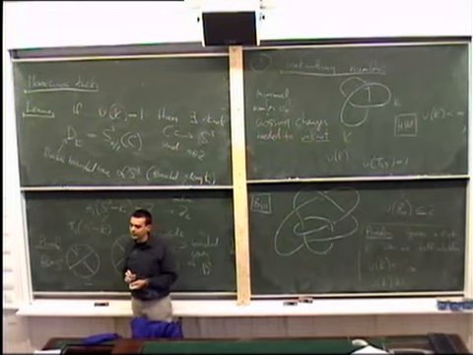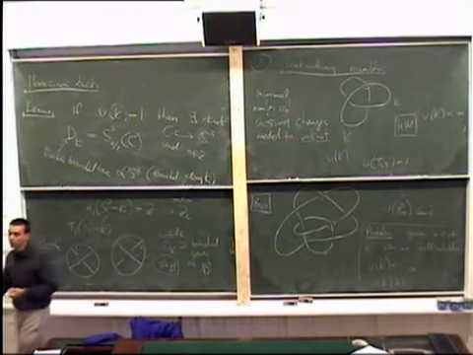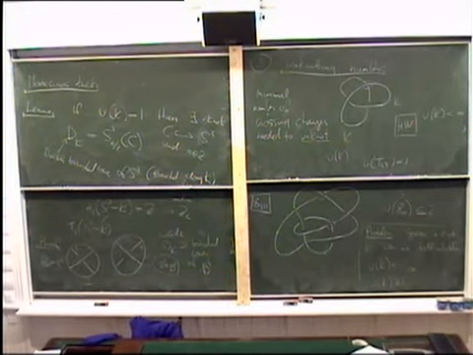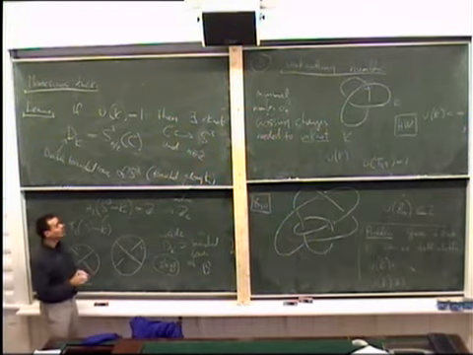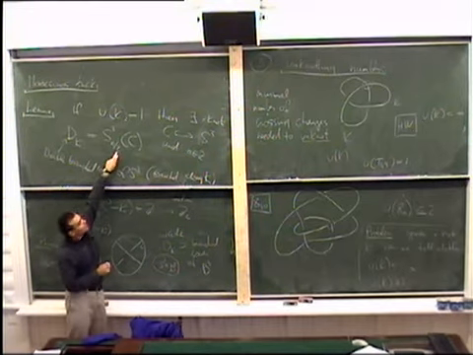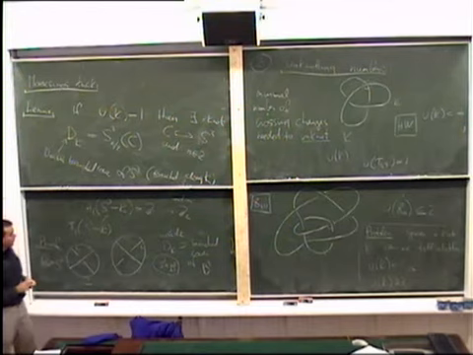All you have to understand is how different the first is from the other one. In both cases there is a meridian, a circle that bounds inside S1 cross D2. You just have to look at the intersection number of these 2 things. If you do that, it turns out that they intersect in 2 points, and that corresponds to these 2 right here. So that's really an elementary computation.